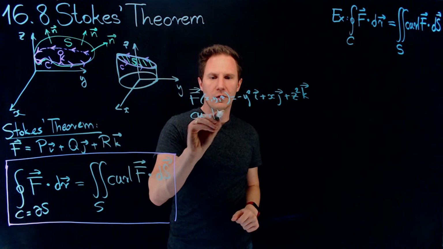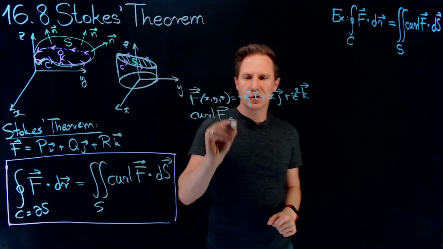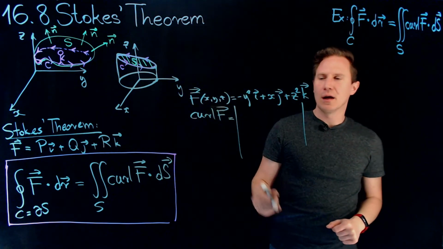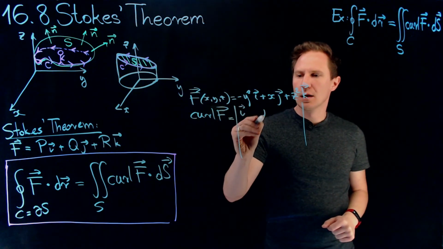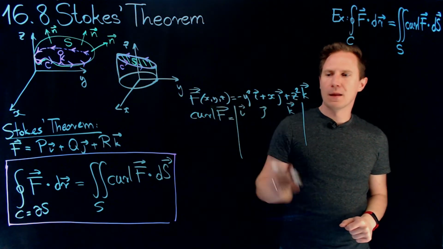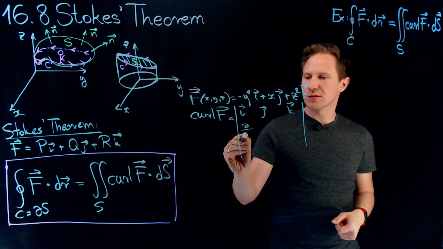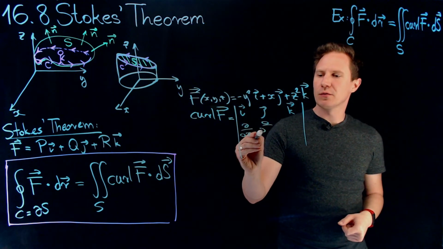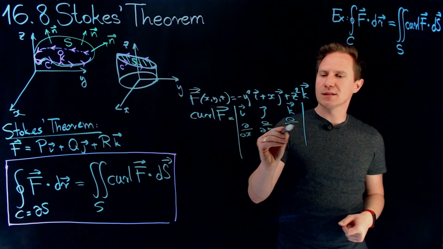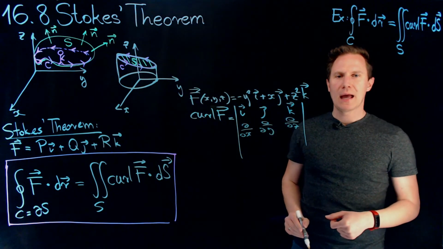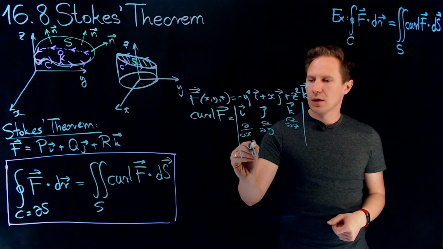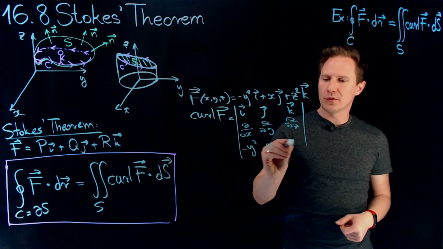So for the curl of f, we can just evaluate the following 3 by 3 determinant with i, j, and k, these basis vectors in the first row, the partial derivatives with respect to x, y, and z in the second row, and the components of f in the third row.